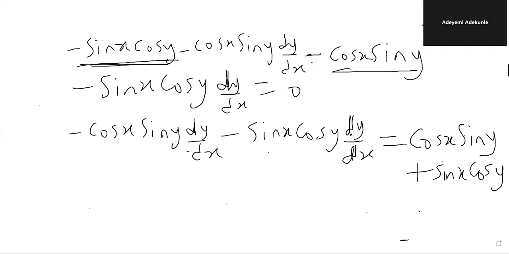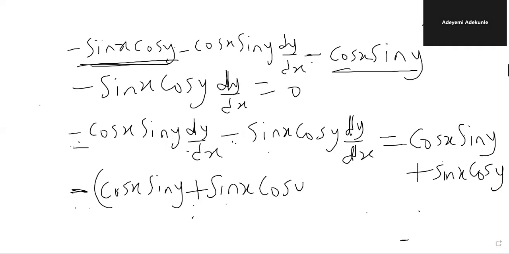All right, so I can bring out minus as common first, right? So I can say minus into cos x sine y plus, because I'm trying to factorize minus. They both have minus, right? So that will be minus into brackets cos x sine y, minus in this minus will be plus, then sine x cos y dy/dx.